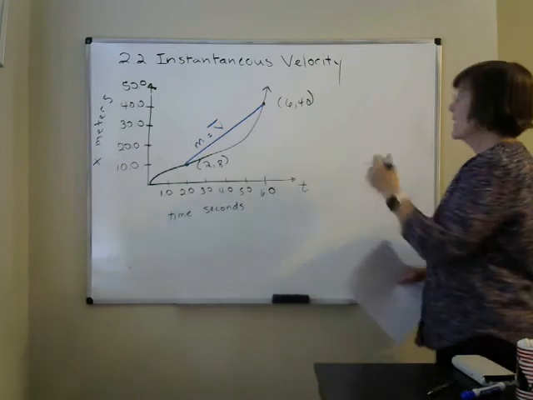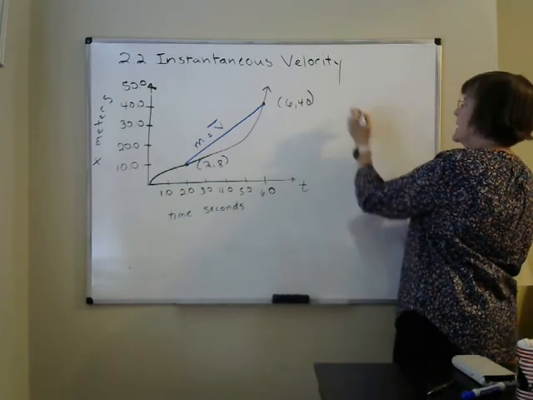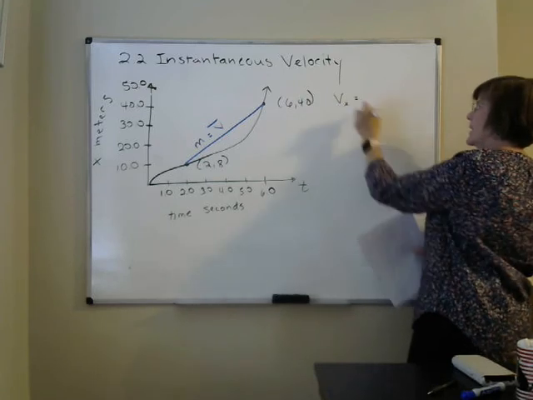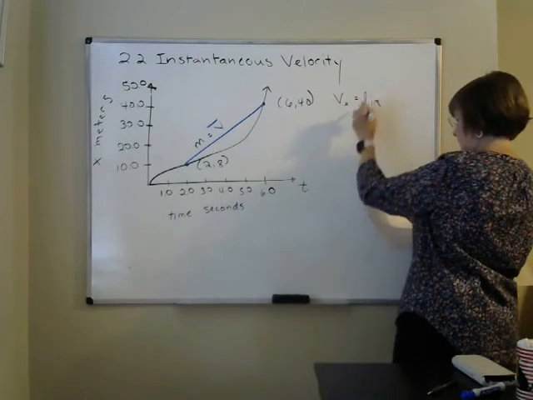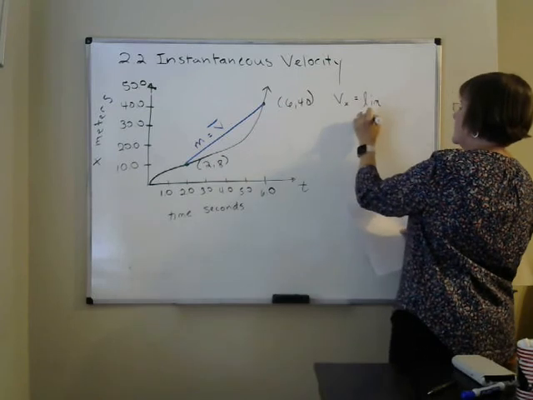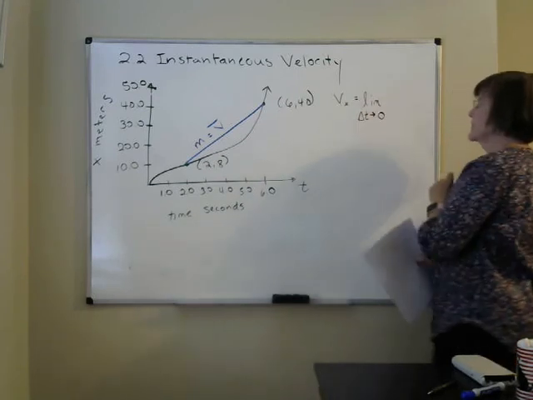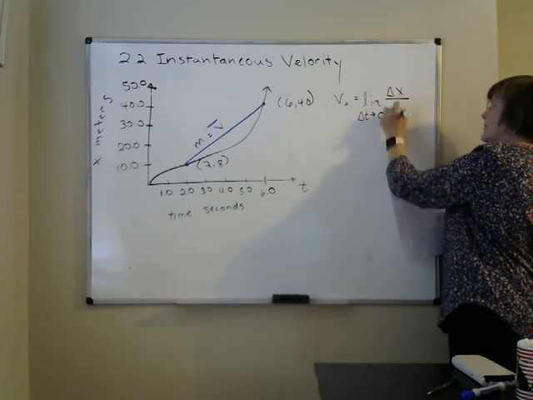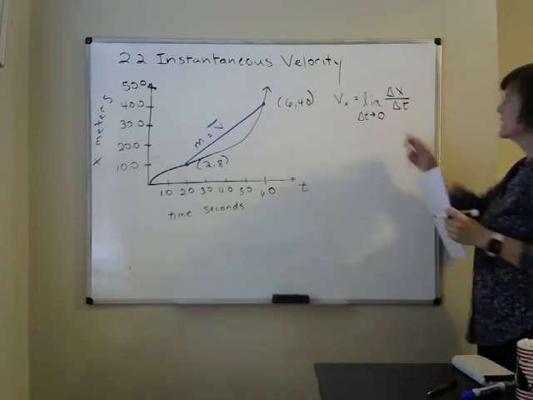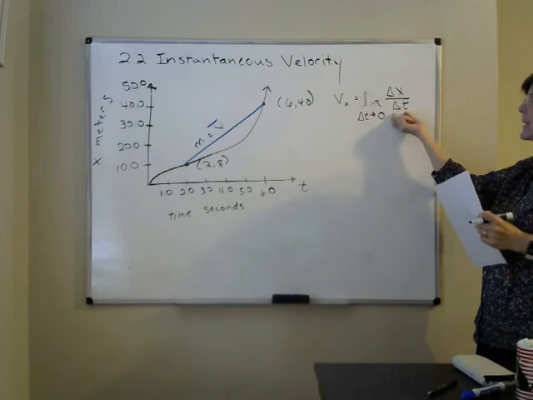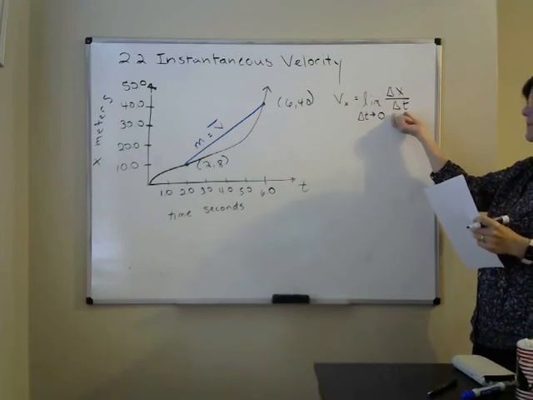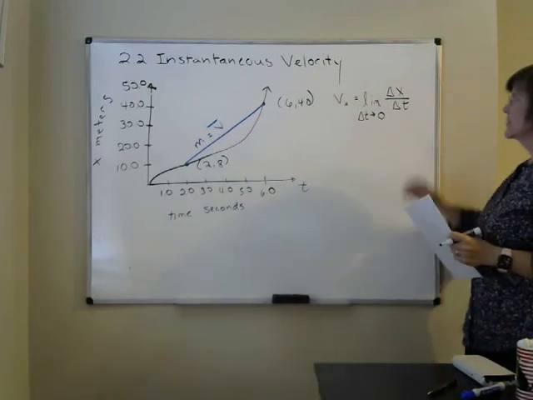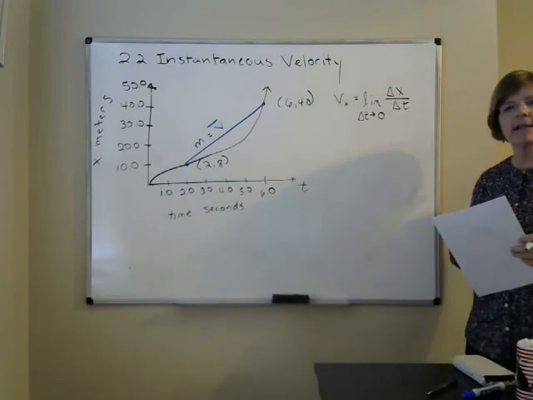So if I were to give you a definition for instantaneous velocity, the instantaneous velocity in the x direction is the limit as the time interval approaches 0 of the change in x over change in t. In other words, I want to make this time interval really, really small. And if we were in a calculus-based course, we'd understand that this is a derivative, but we're not.